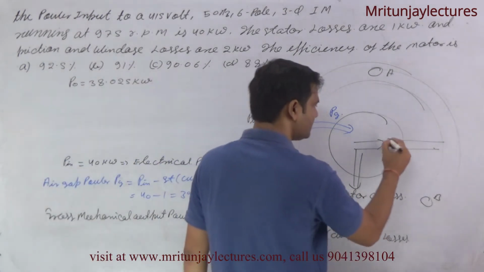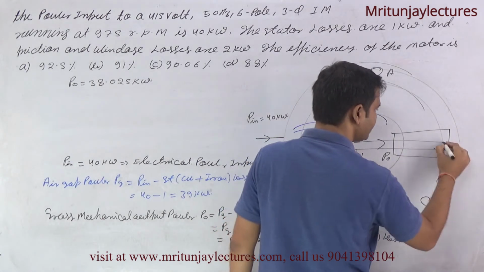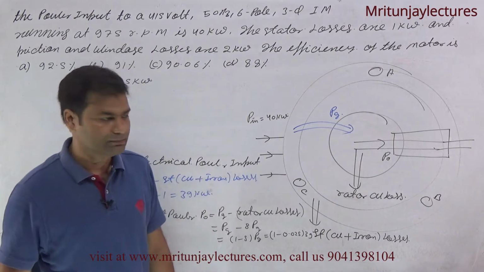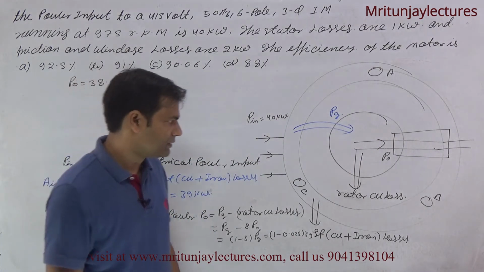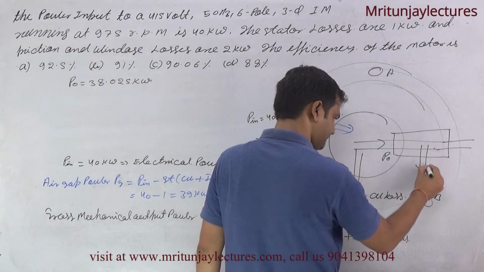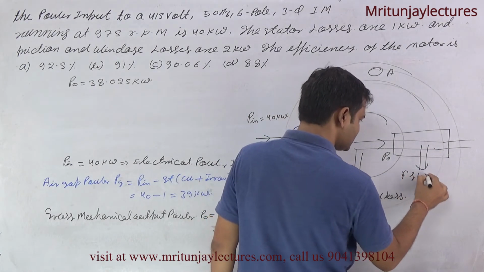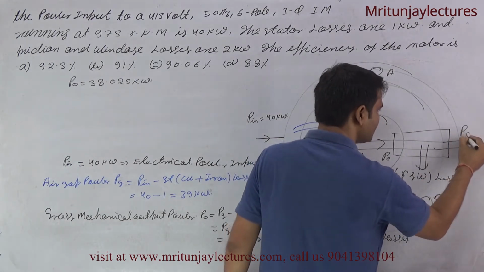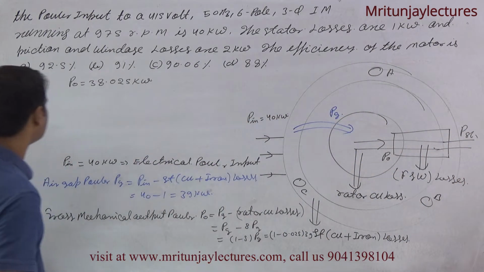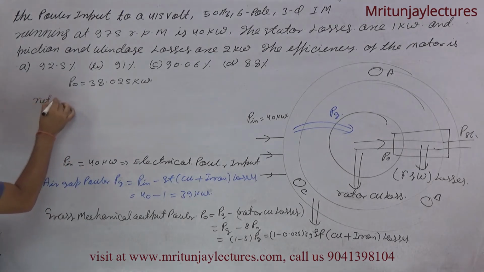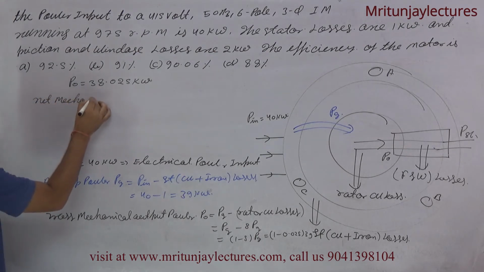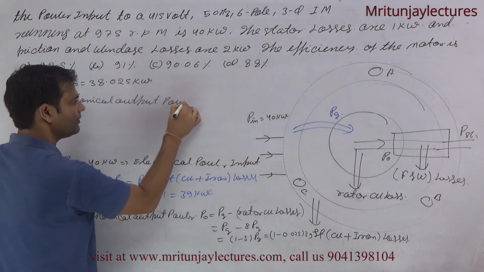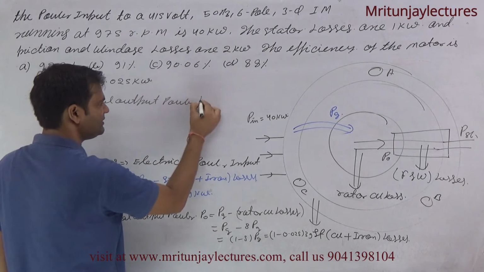Okay. Now it is called gross mechanical output power. This power is transferred through the shaft. So here there is friction and windage loss. The final net mechanical output power is written as PSH.